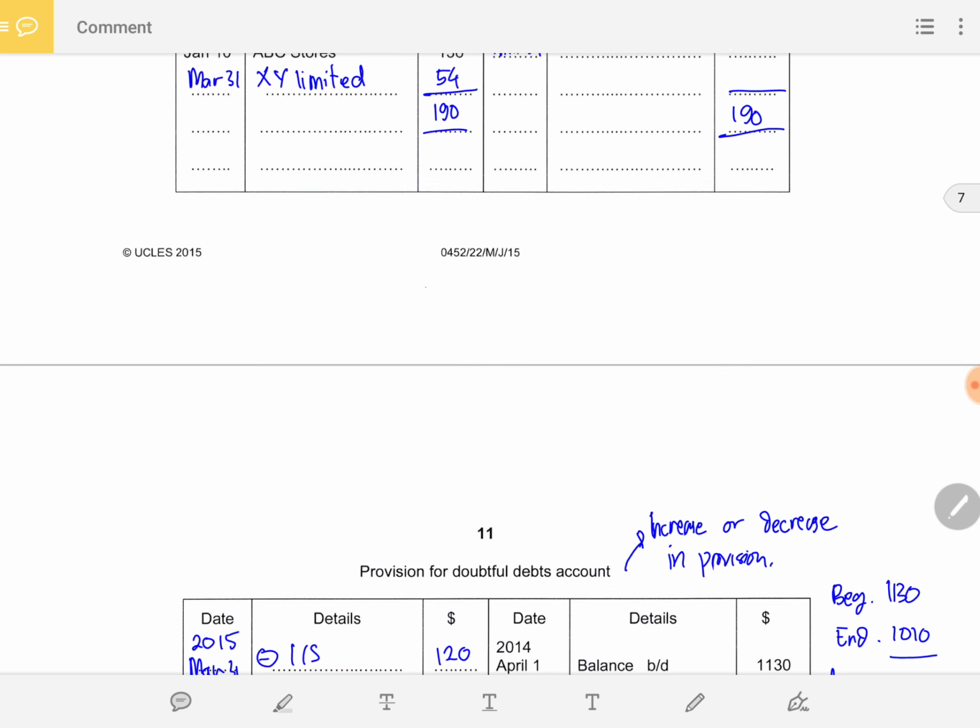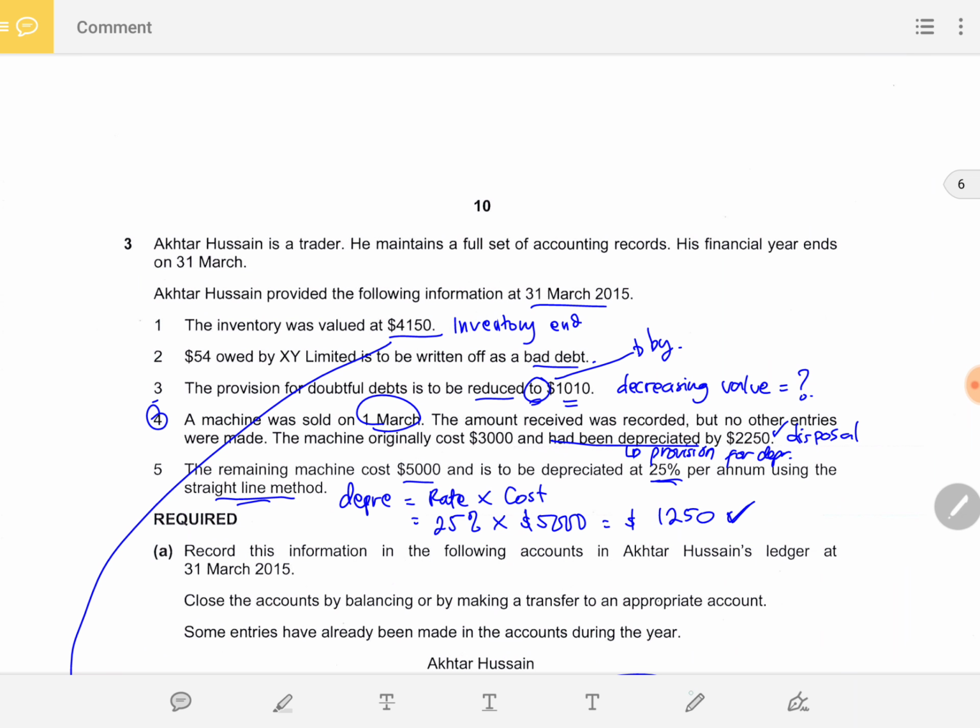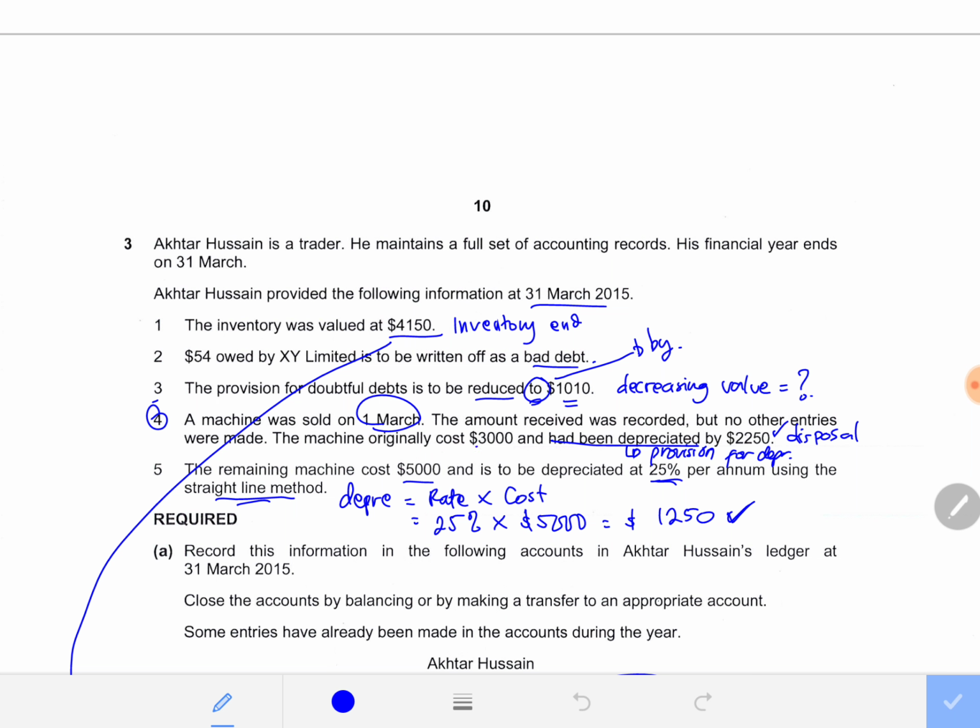Remember the above information, yeah? This one, 3,000 and 2,250.